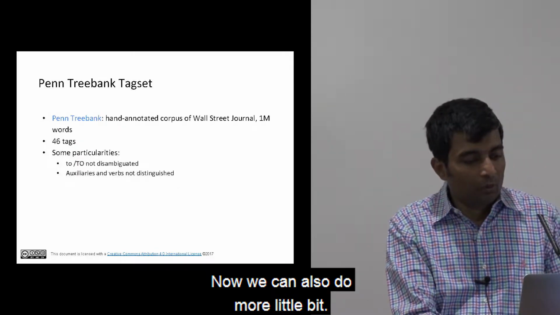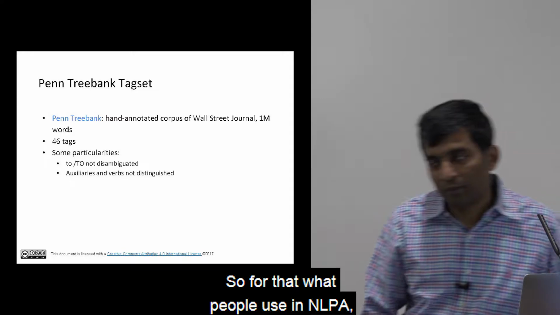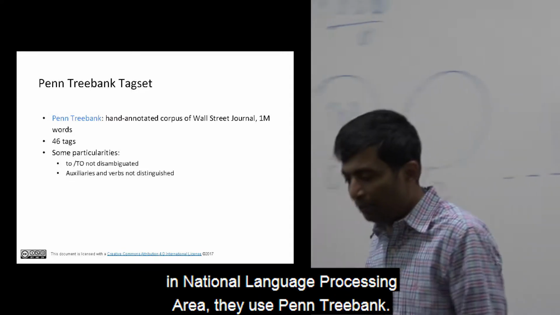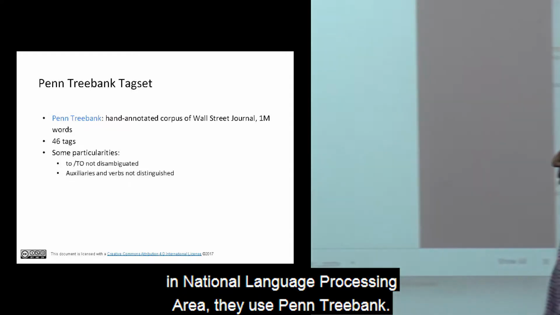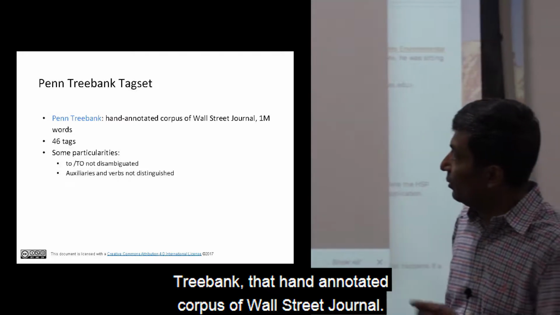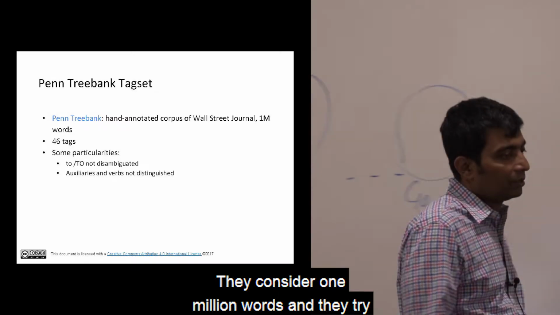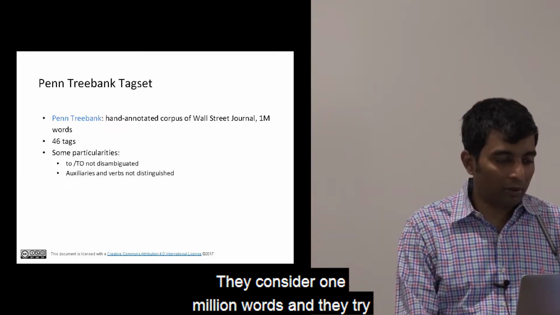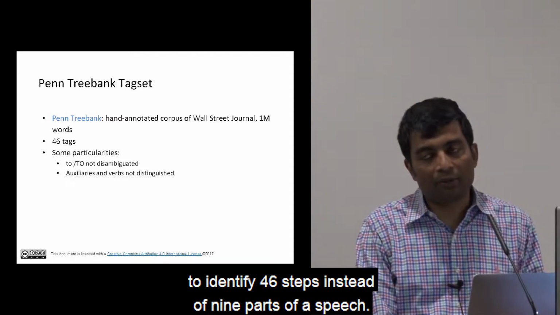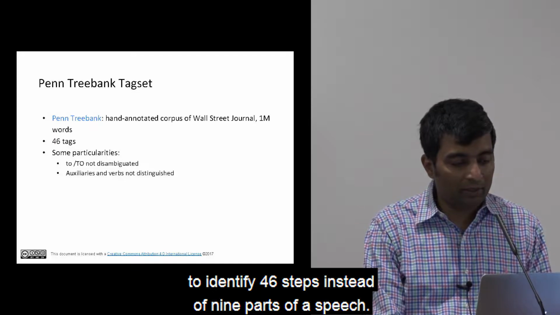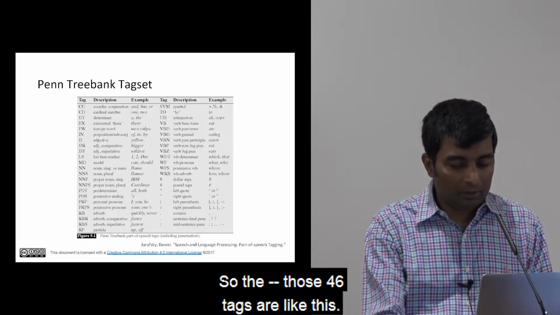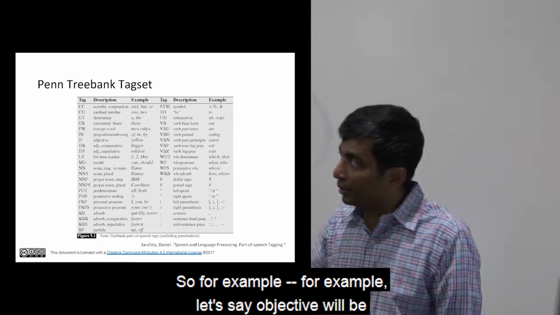Now we can also do a little bit more. For that, what people use in the NLP area, natural language processing area, is the Penn Treebank, a hand-annotated corpus of the Wall Street Journal. They consider 1 million words, and they try to identify 46 tags instead of 9 parts of speech. Those 46 tags are like this.